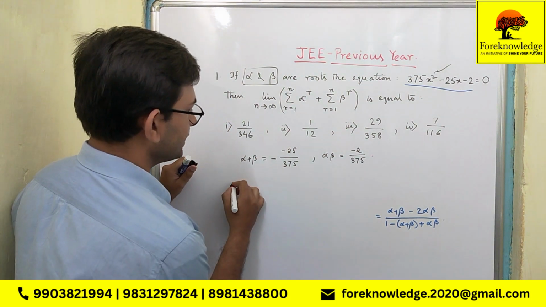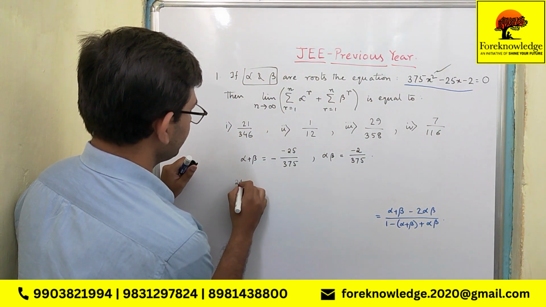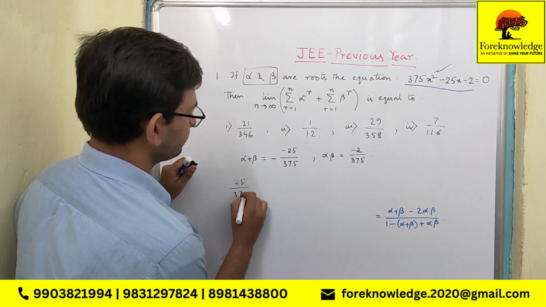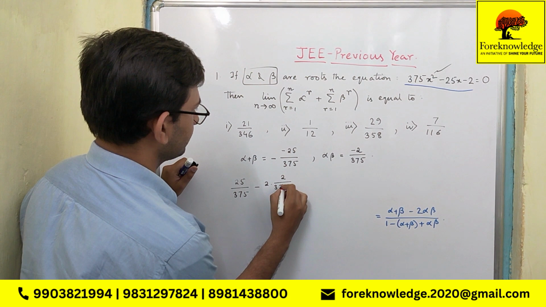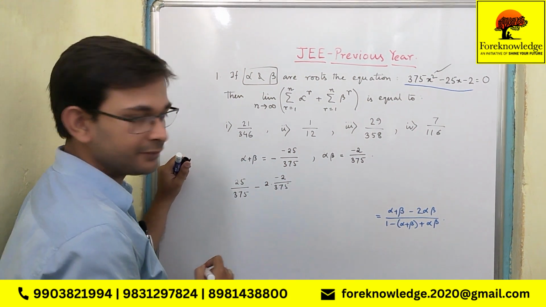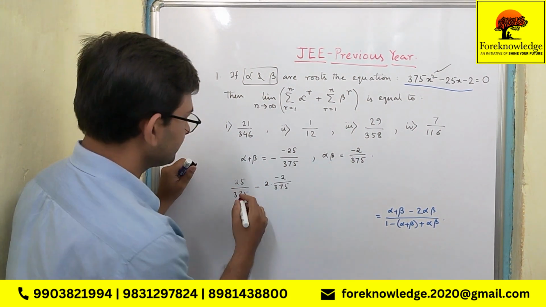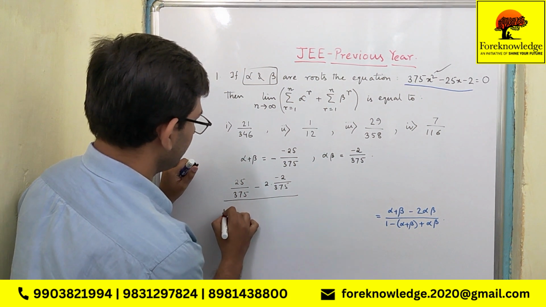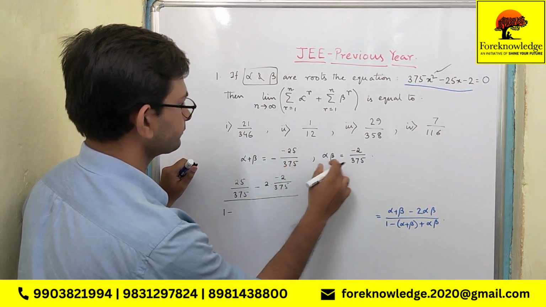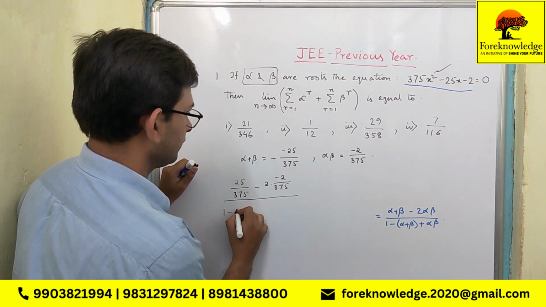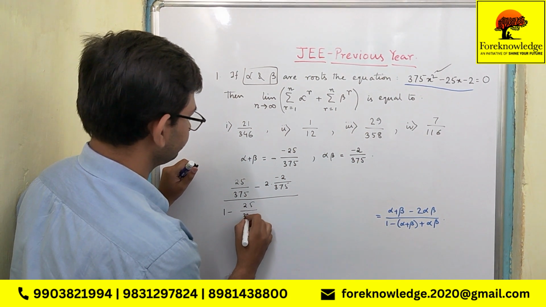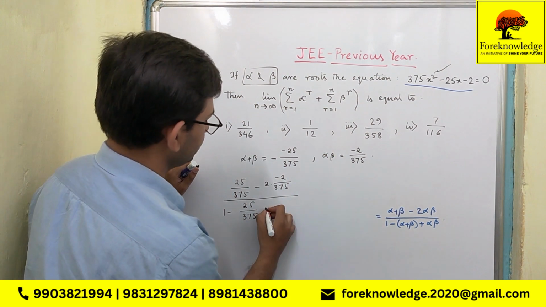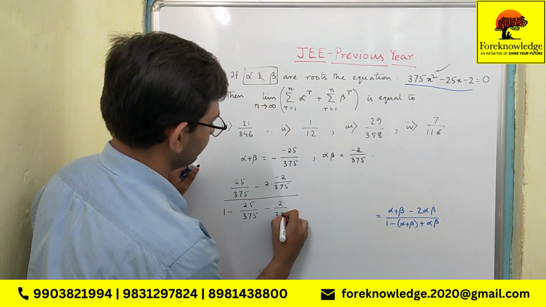So alpha plus beta is 25 by 375, minus 2 times alpha beta, which is minus 2 by 375, divided by 1 minus alpha plus beta, again 25 by 375, plus alpha beta, that means minus 2 by 375.